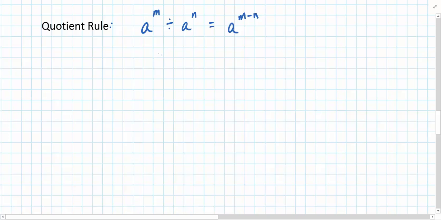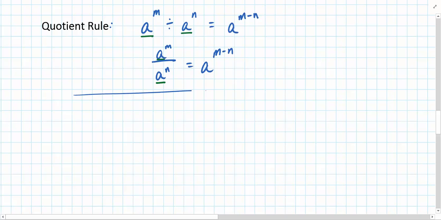This could also be written as a fraction, a to the m power divided by a to the nth power also equals a to the m minus n power. But again, in order for this quotient rule to hold true, our two bases must match.